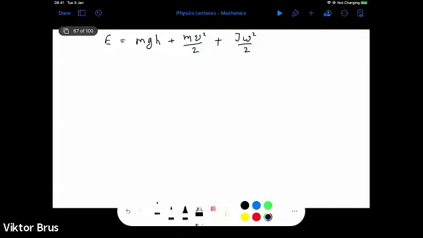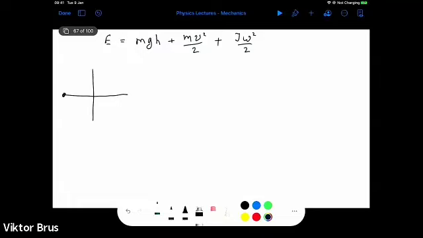So let us consider first one simple example with point masses, and then we will proceed further to distributed bodies. Okay, so let us consider such a system of point masses. It will be some kind of cross.